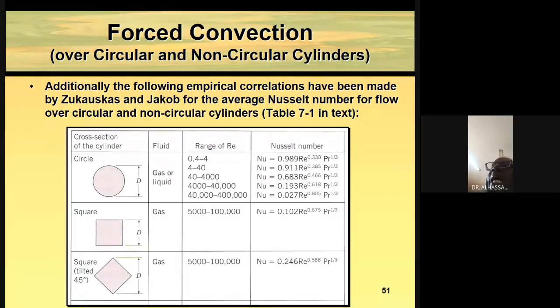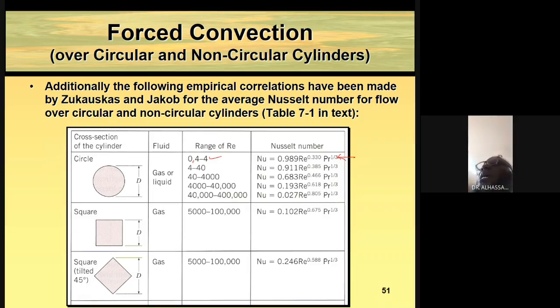For a circle, if you have fluid flowing across it and you discover that the Reynolds number of that fluid falls between 0.4 and 4, then you are advised to use this Nusselt number equation to determine the Nusselt number.